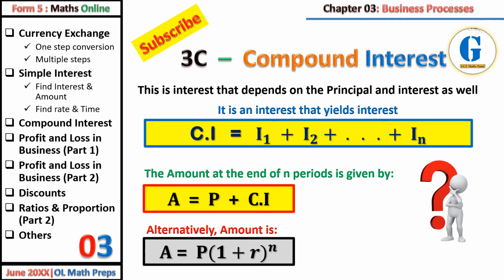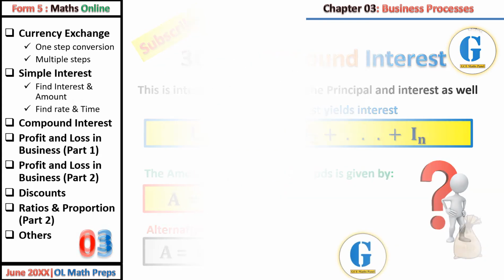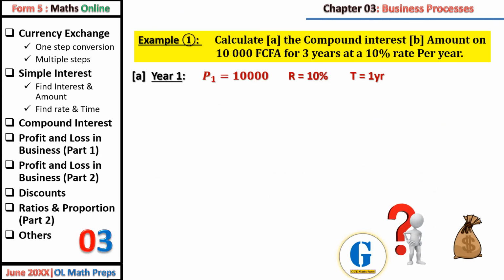Amount equals principal times bracket open 1 plus the rate, all that to the power n. Let's take some examples. Calculate the compound interest and the amount on 10,000 francs for 3 years at 10% per year.